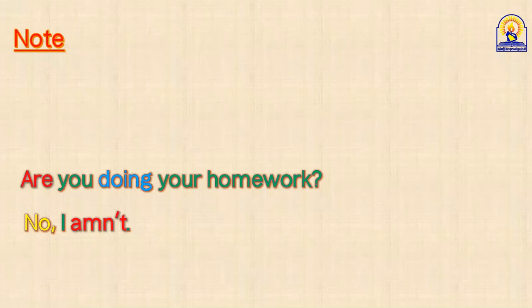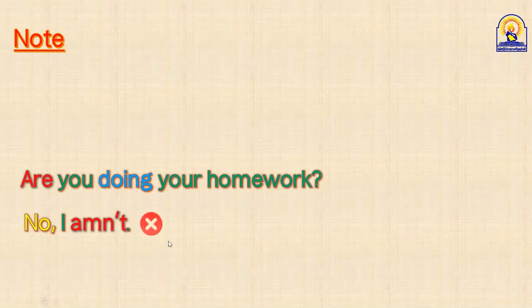Why not correct? I have never seen it used this way. But you know, if I say no, I do not, I don't. No, I cannot, I can't. No, I will not, I won't. No, I am not, I amn't. It's not correct. No. You are right. It's not correct.